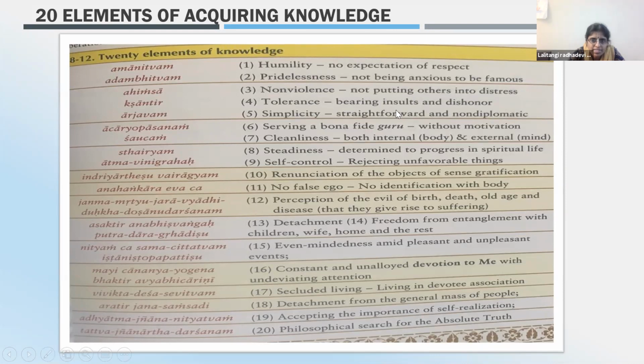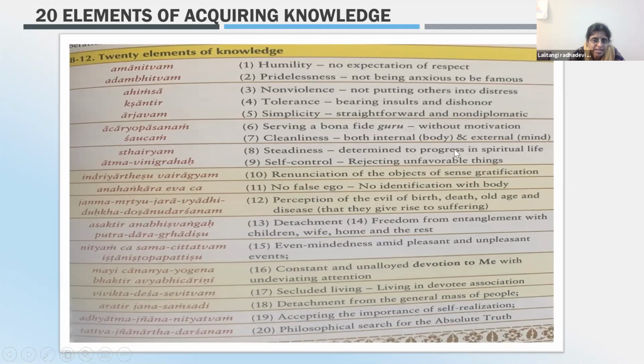Shantir, tolerance, bearing insults and dishonor. Arjavam, simplicity, straightforward and non-diplomatic. Acharyopasanam, serving a bona fide guru without motivation. Saucham is cleanliness, both internal, that is the mind, and external, that is the body.